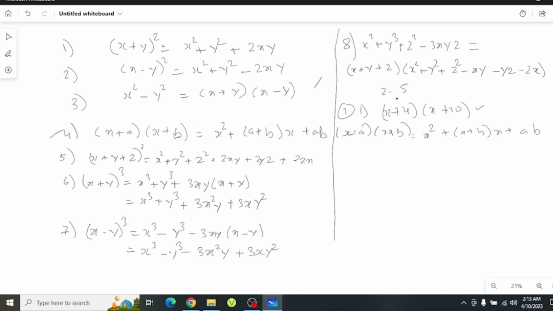Now if you compare your question with the formula, you can find out that a is equal to 4 and b is equal to 10.